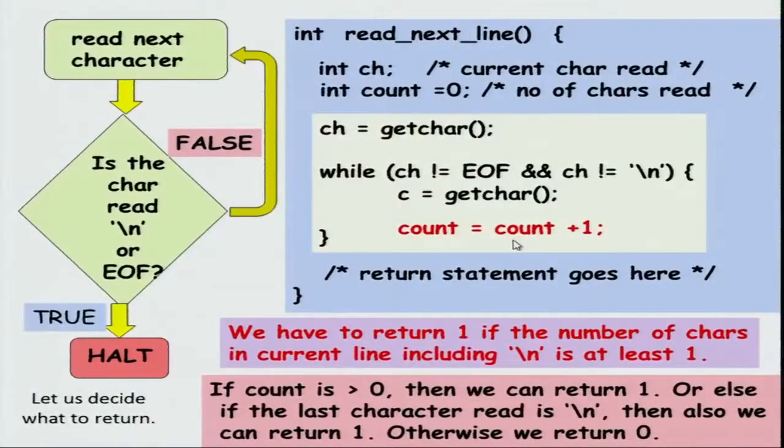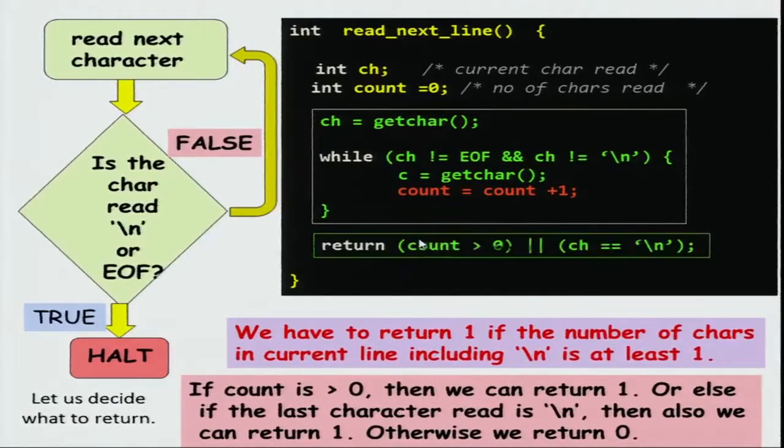So, how do we do that? We can check whether at least a character has been read by just checking the value of count. If count is greater than 0, then at least one character has been entered. Otherwise, for example, we can also say that if the user has just entered a blank line, then also we can say that one more line has been entered.